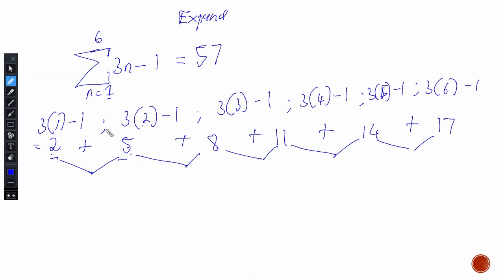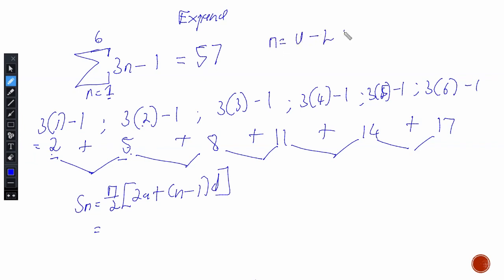The minute you find that this is an arithmetic progression, you can calculate your sum by using the formula n over 2 times (2a plus (n minus 1) d). Because you have calculated the number of terms by saying n is equal to upper value minus lower value plus 1, you will say 6 minus 1 plus 1, which gives you 6.